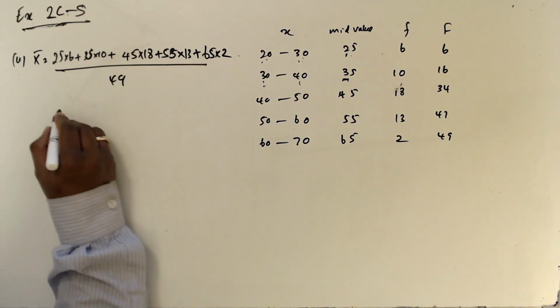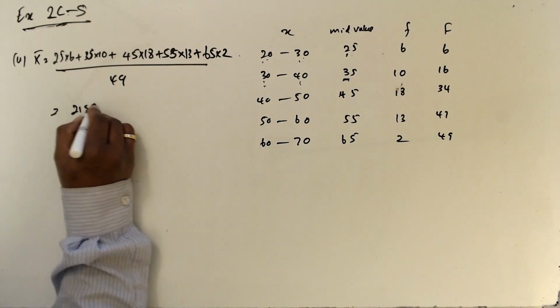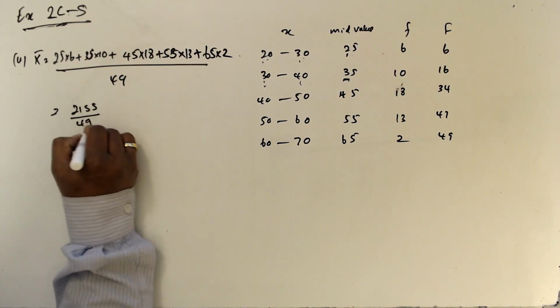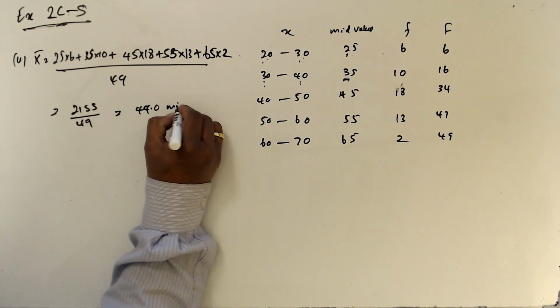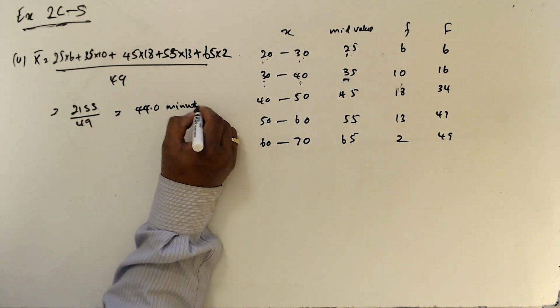So we will get an answer of 2155 divided by 49, which is 44 minutes.